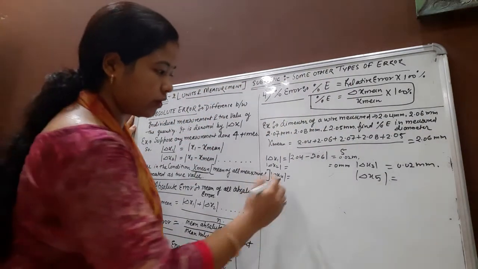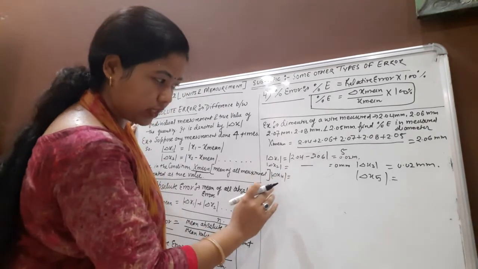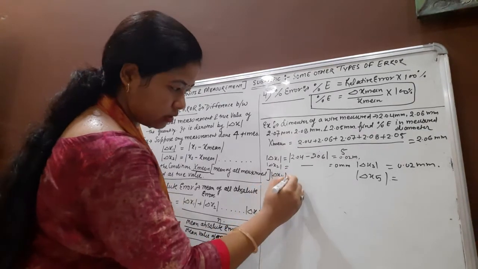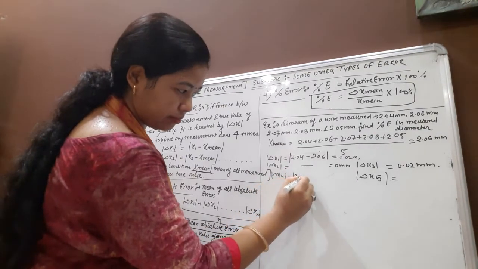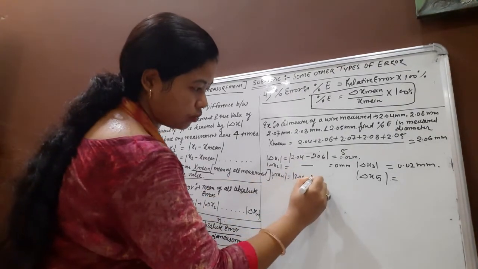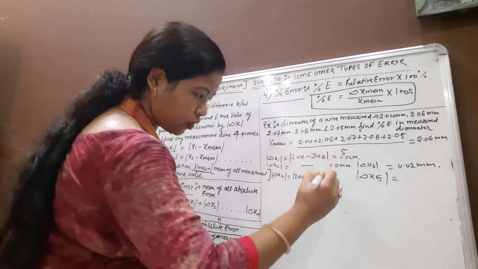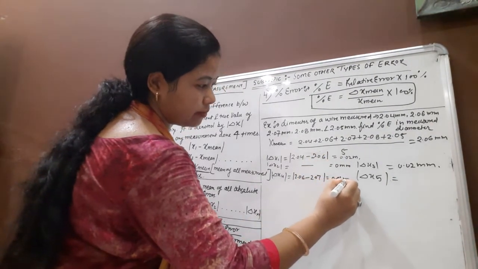For the fourth you will get 2.06 mm minus 2.07 mm, and you will get 0.01 mm.